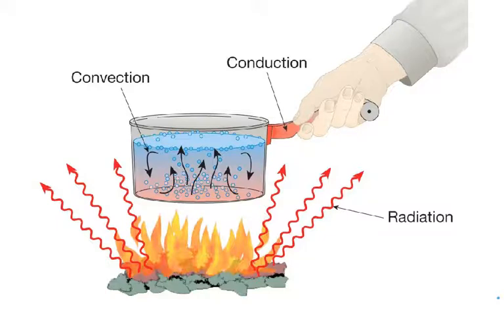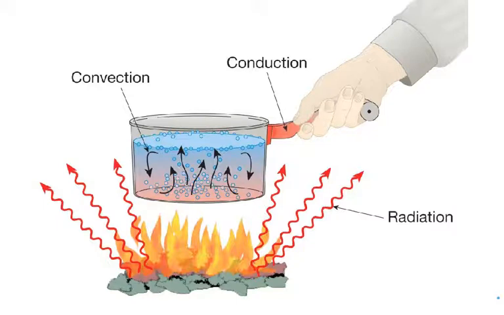These molecules then bump into nearby particles or molecules and transfer some of their own energy to the neighboring particles. This then continues and passes the energy from the hot end down to the cold end of the substance.